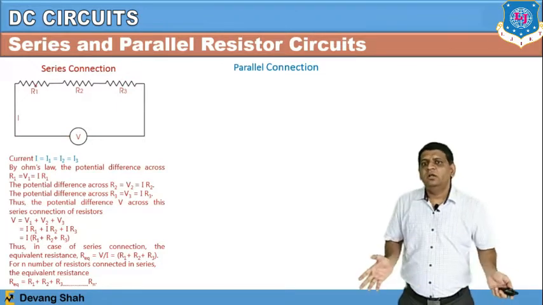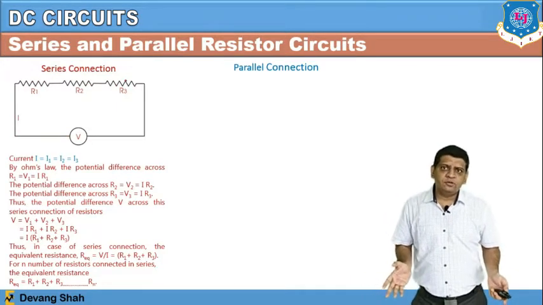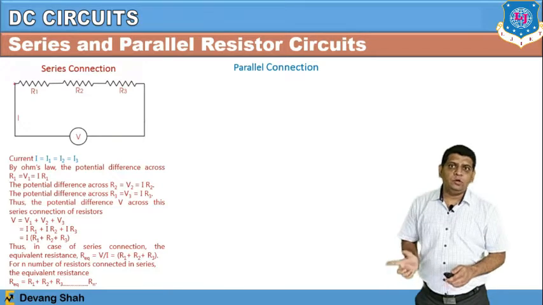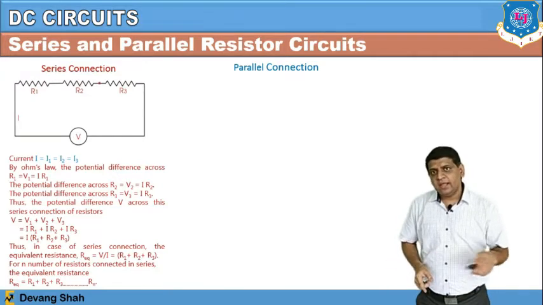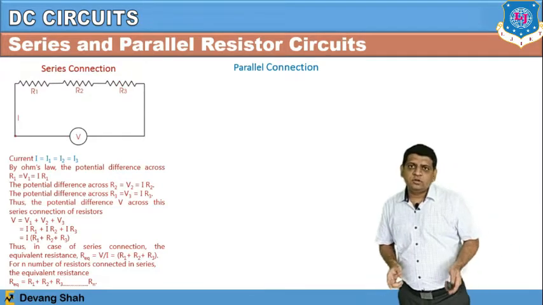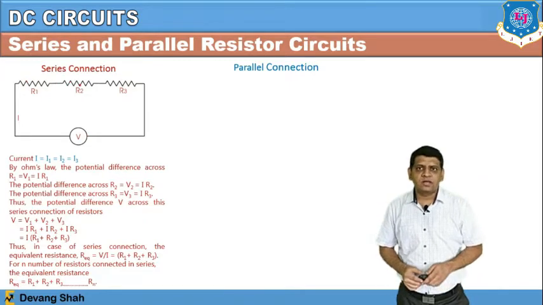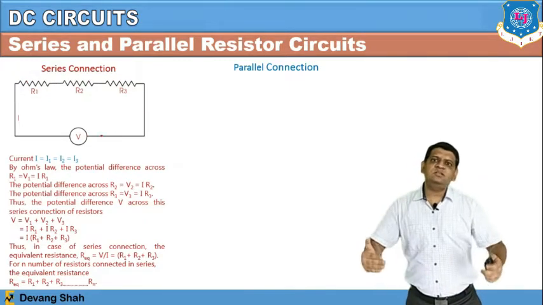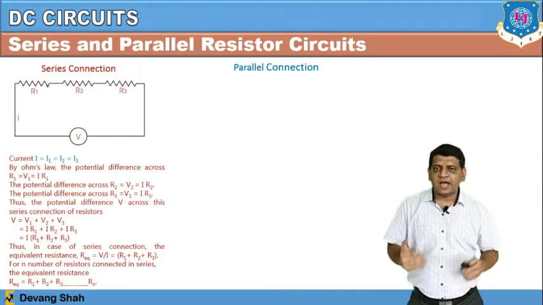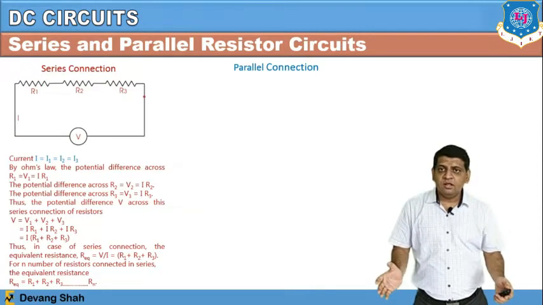Why? Because the current throughout the operation is the same. So V is equal to I into R, and taking I common, you have I in bracket R1 plus R2 plus R3. So the total series resistance RS is nothing but R1 plus R2 plus R3.